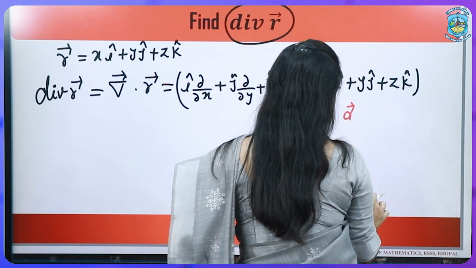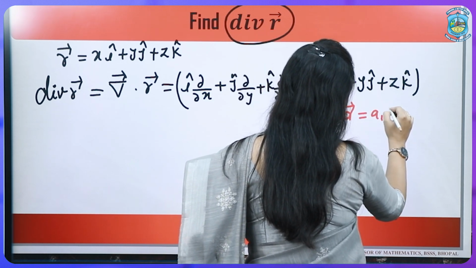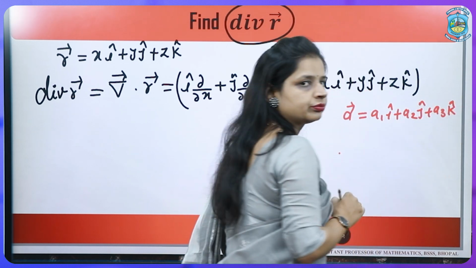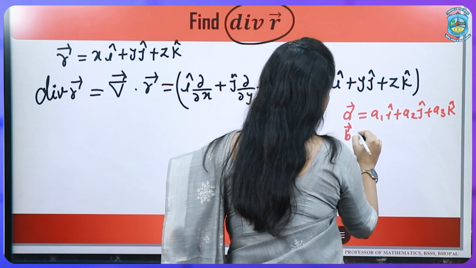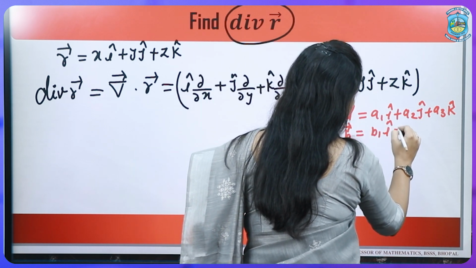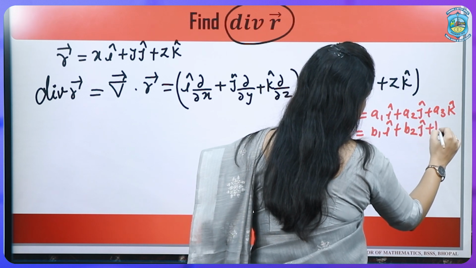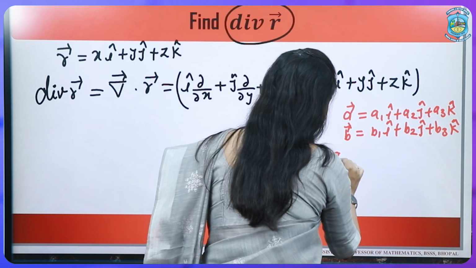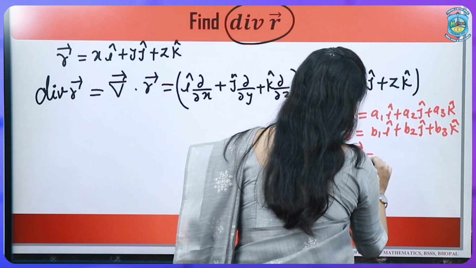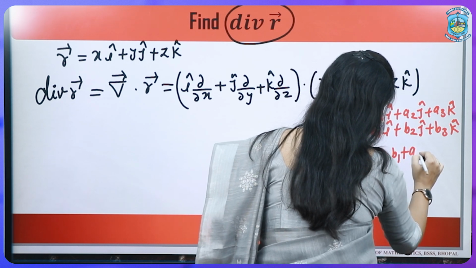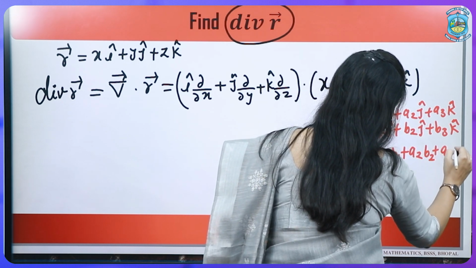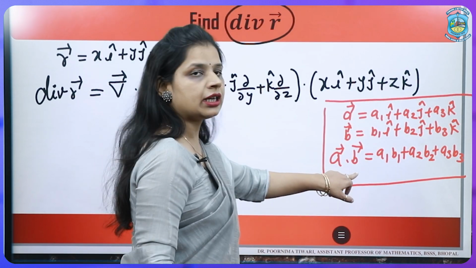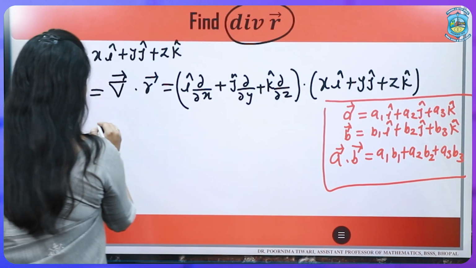If vector A is A1 i cap plus A2 j cap plus A3 k cap and vector B is B1 i cap plus B2 j cap plus B3 k cap, then their dot product A dot B is given by A1 B1 plus A2 B2 plus A3 B3. So, to get the value of this dot product, we will apply this formula.